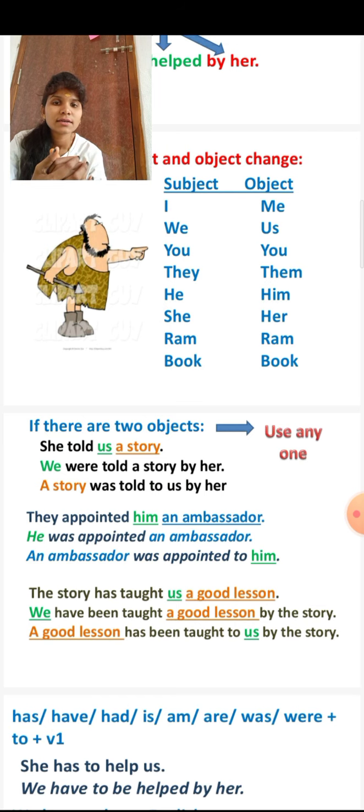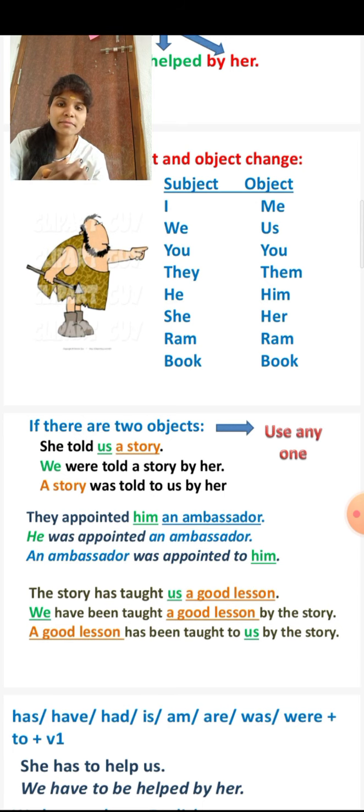Or, a story was told to us by her. Use any one. From these two transformations of the sentence, we can take either one as the right form.